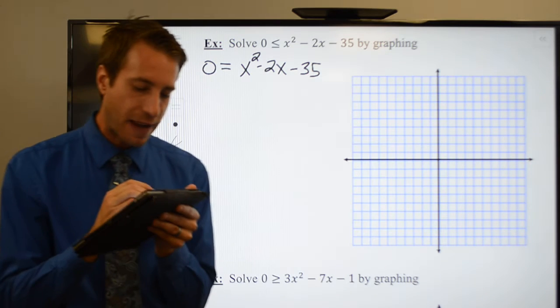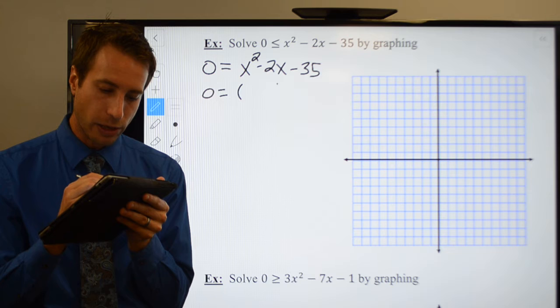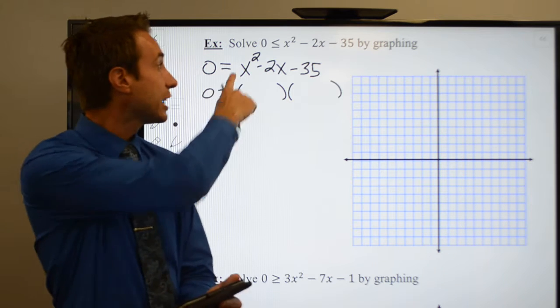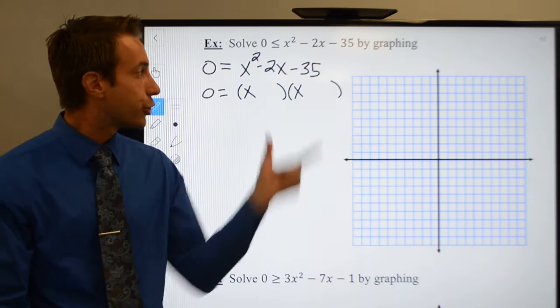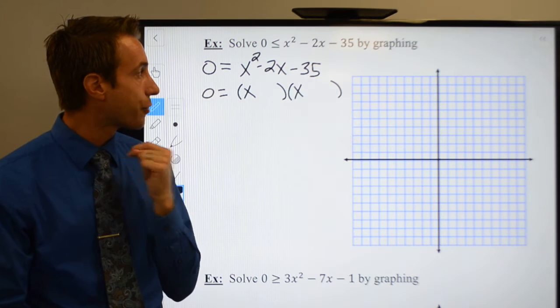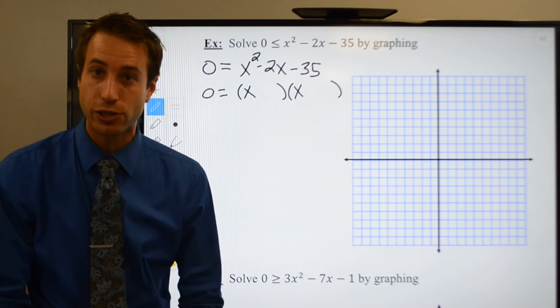I believe that I can factor this as a general trinomial. My leading coefficient is a 1, so it's going to be an x and an x. Then I need two numbers that multiply to a negative 35 and sum to a minus 2.